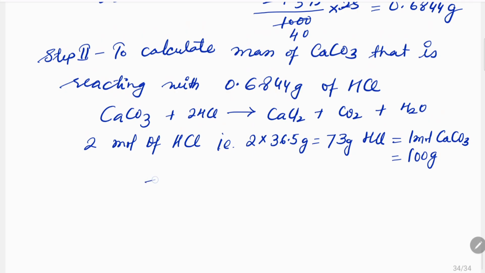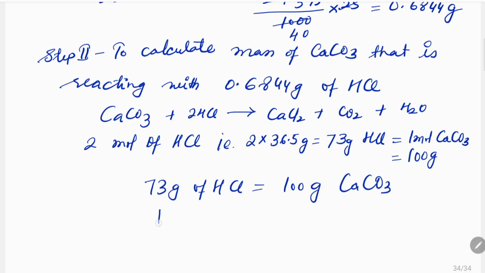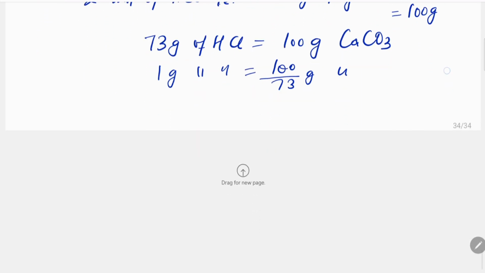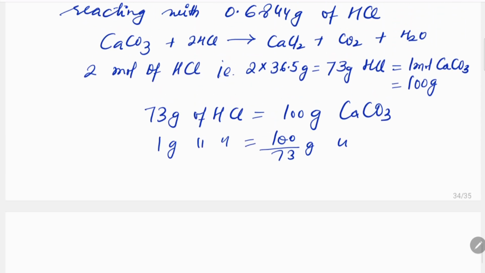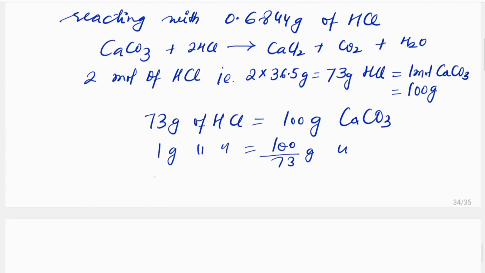Okay, so 73 gram of HCl reacts with 100 gram of calcium carbonate. So 1 gram of HCl will react with 100 divided by 73 gram of calcium carbonate, and we have been given 0.6844 gram of HCl.